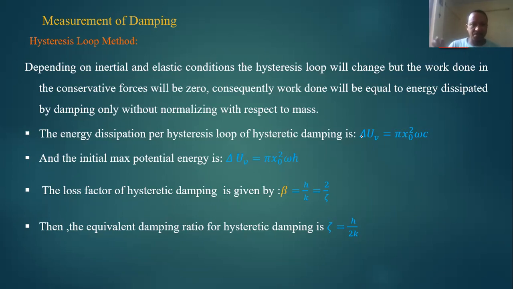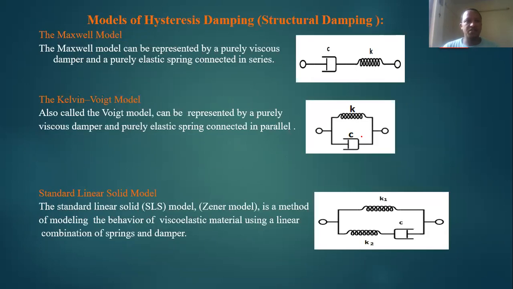The energy dissipation per hysteretic loop of hysteretic damping is delta U equals pi x naught squared omega c, and the initial maximum potential energy is pi x naught squared omega h. The loss factor is h over k, or 2 zeta, and zeta is equal to h over 2k. These are the relations. And what are the methods applied for hysteretic damping?